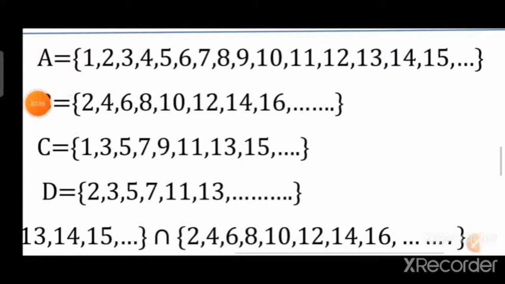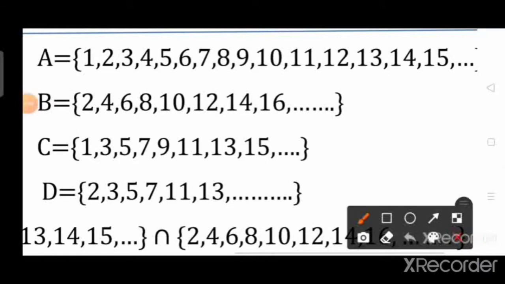Here I am writing the elements. Set A is the natural numbers. Natural numbers start from 1 and have no end: 1, 2, 3, 4, 5, 6, 7, 8, like that. These elements are natural numbers.